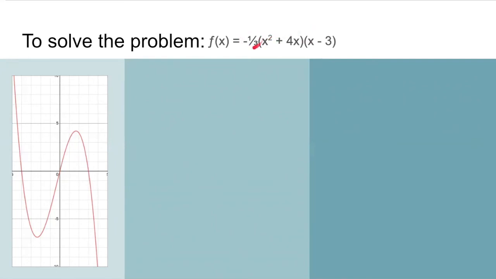So this, since it's just a leading coefficient, has no degree, so we're going to ignore that. The highest degree in this term is 2, and the highest degree in this term is 1, which we can't really see there, but if we add those together, we will get a degree of 3.